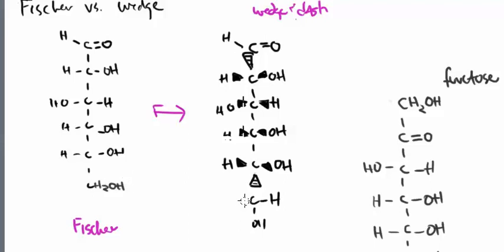I can do the same thing here if I want. It's not an issue at all. It's just really some bookkeeping, cleaning stuff up a little bit, making sure it all looks okay. So there's the Fischer and Wedge comparison between a polyhydroxy aldehyde, a polyhydroxy ketone, and what these solid and dashed wedges are supposed to represent and mean.